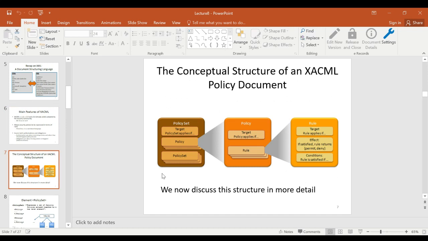Right, so this is a nice diagram which demonstrates quite neatly what the structure of an XACML policy document is. Like any other XML document, it will have a structure, and that structure is represented by the various attributes which are used to mark it up.